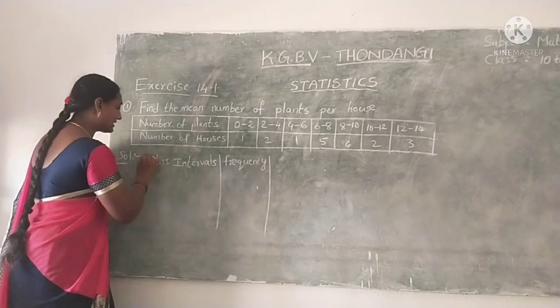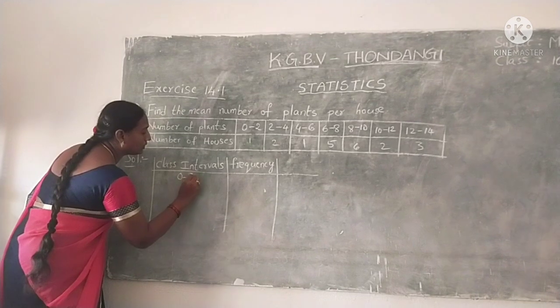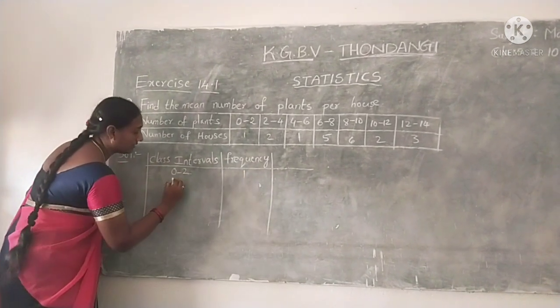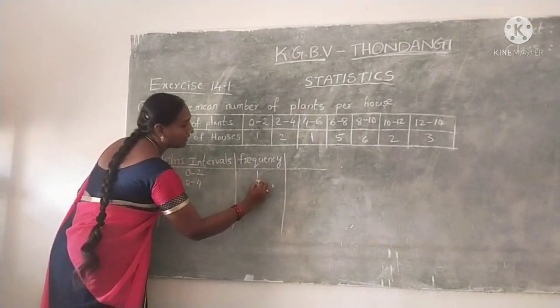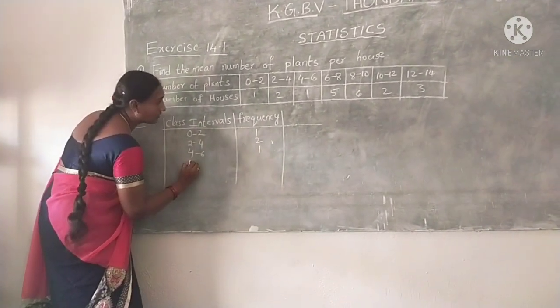So, class interval: first class interval 0 to 2, frequency 1. Next 2 to 4, frequency 2. 4 to 6, frequency 1.